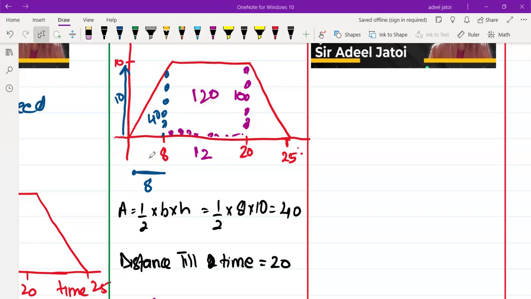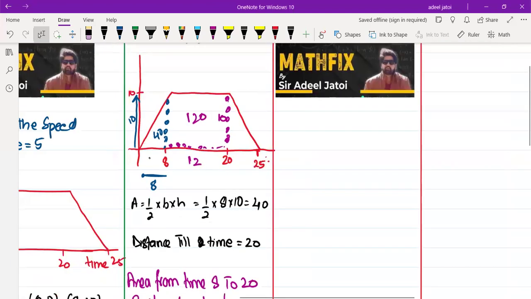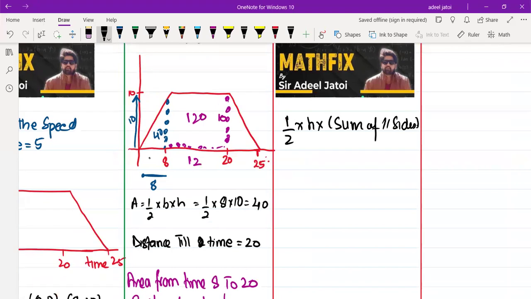Now you can also calculate using the trapezium method. And how do you use trapezium? Half into height into the sum of parallel sides. So half into height, which is 10, into the sum, which is 20 plus 12.